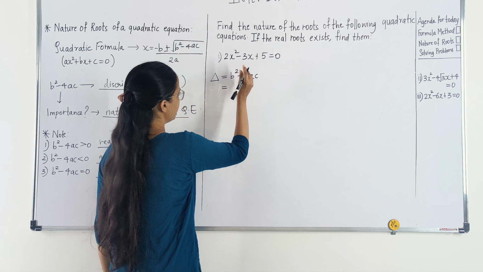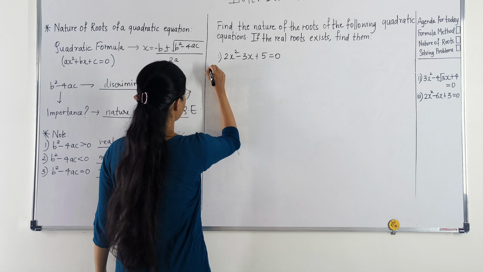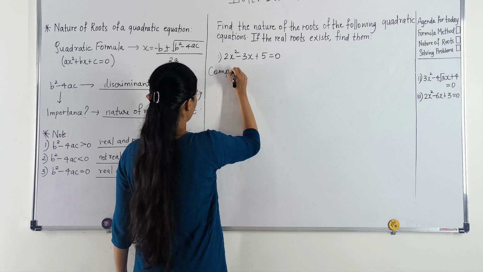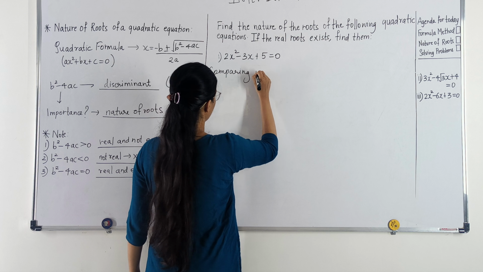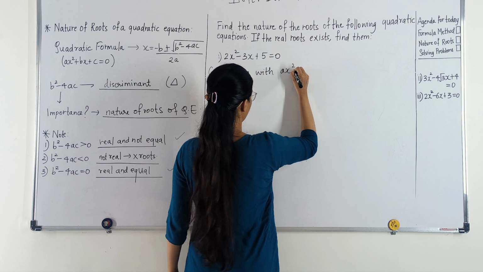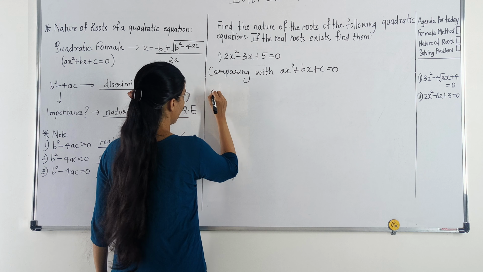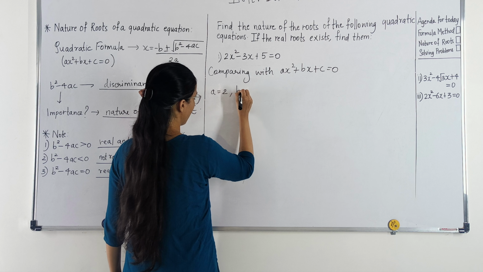Now here, let us first write, comparing with ax square plus bx plus c equals 0, we get the value of a as 2, and we get the value of b.